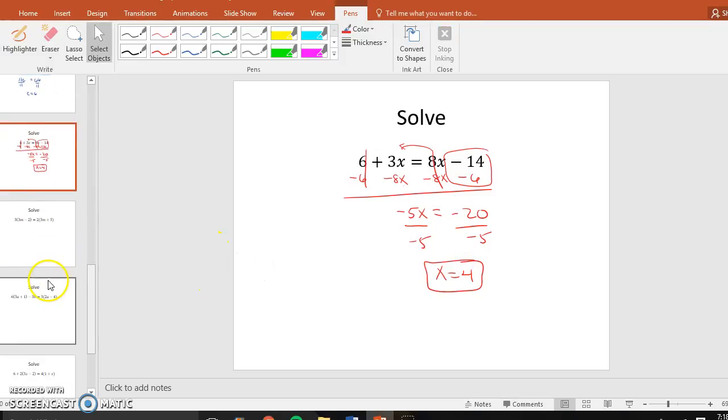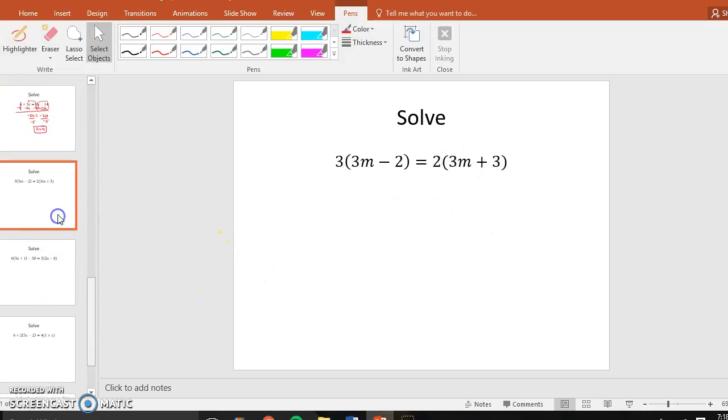Couple more here. So the next one. First thing I have to do on the left side is distribute. 3 times 3m is 9m. 3 times negative 2 is minus 6, equals 2 times 3m is 6m. 2 times 3 is 6.